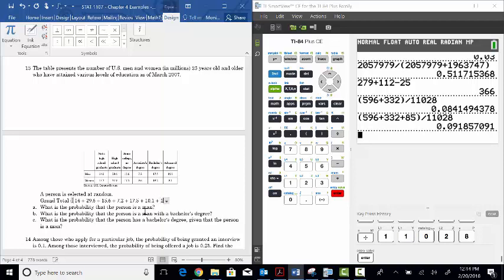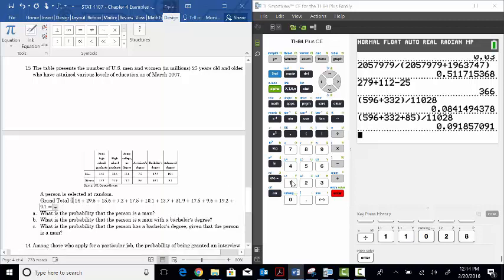Then I'm going to add up the women as well: 13.7 plus 31.9 plus 17.5 plus 9.6 plus 19.2 and 9.1. I literally have to add all this stuff up. Give me a second while I do that.